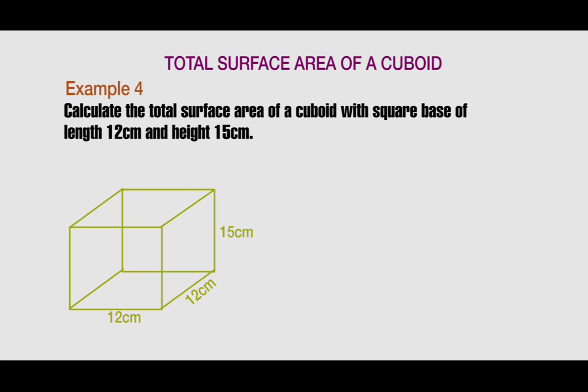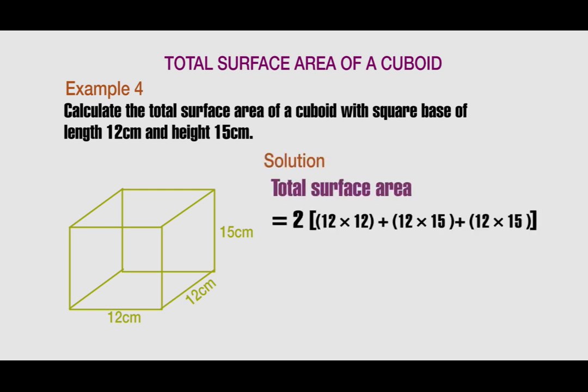Now we use our formula, total surface area equals 2 multiplied by (xy plus xz plus yz). If you do a substitution, then you are going to have 2 multiplied by (12 multiplied by 12 plus 12 multiplied by 15 plus 12 multiplied by 15).